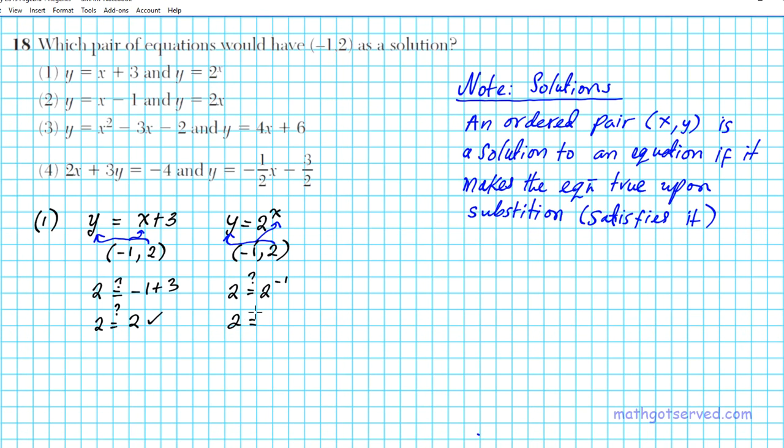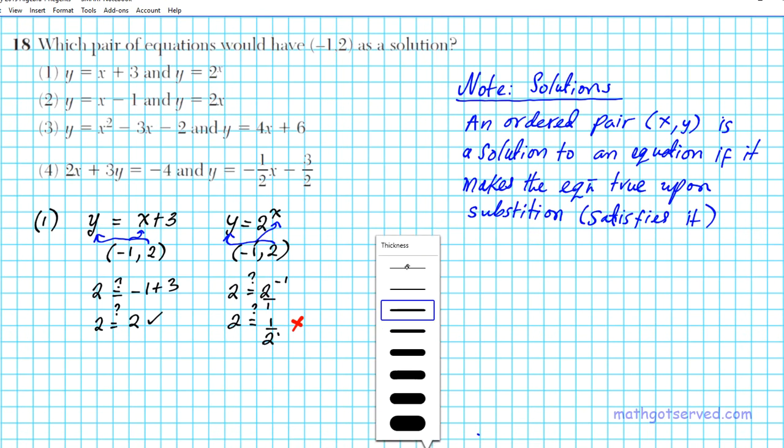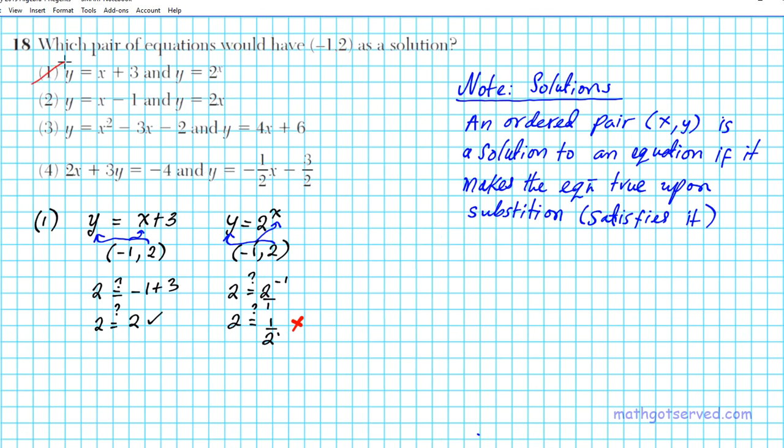We use the reciprocal property of exponents, so 2 to the negative 1 is 1 over 2 to the first power. Is 2 equal to 1/2? No. So the ordered pair satisfies the first equation but not the second one. Option 1 is not the answer because negative 1, 2 does not result in a true statement for both.